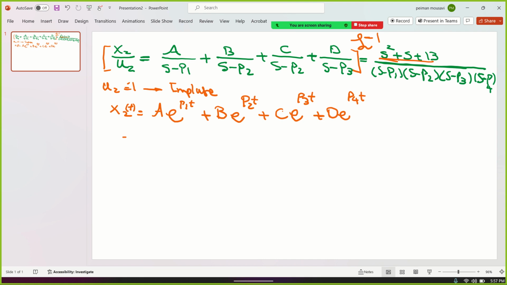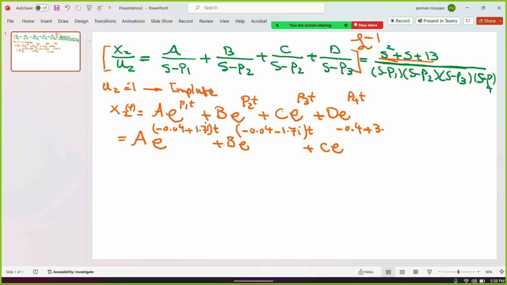Okay, guys. A e^(P1 t) is e to the minus 0.04 plus, how much was that? Tell me, plus 1.7, that's right, i in t, plus B e to the minus 0.04 minus 1.7 i in t, plus C e to the minus 0.4, now 10 times of that, plus 3.7 i, like that?